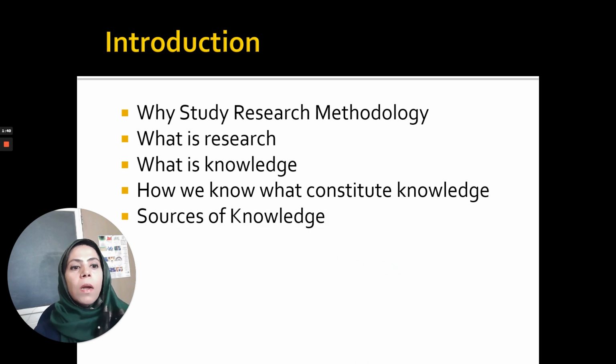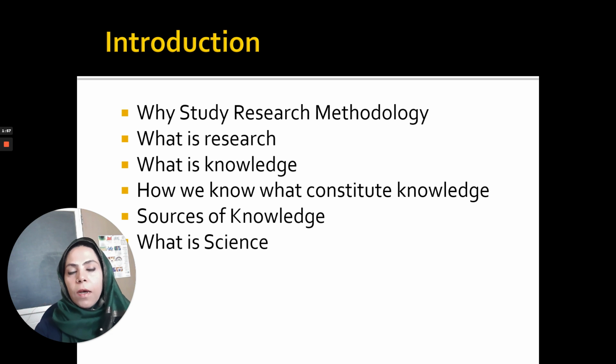So we'll be talking about that. And of course we should be knowing कि वो कौन सी sources हैं where as a research student you can get that knowledge from. And that brings us to our last concept, science. Science है क्या, we'll be talking about that in detail in this session.